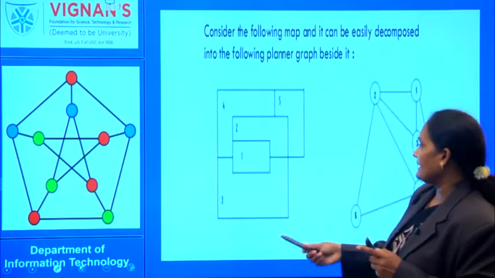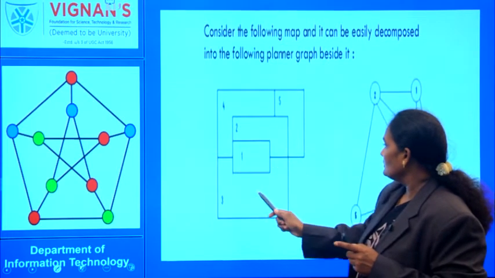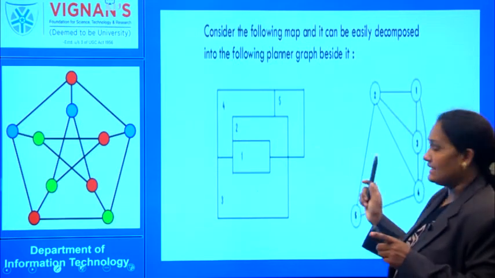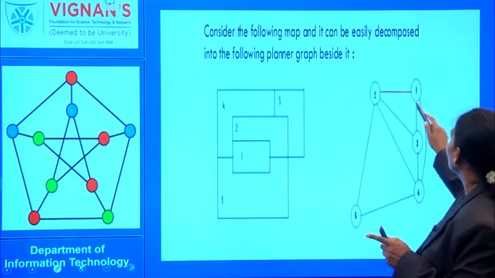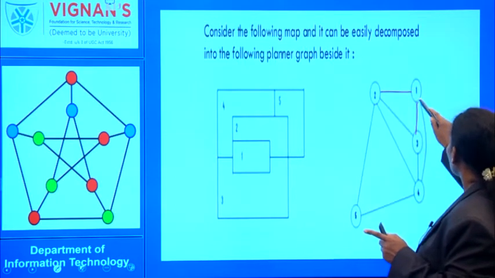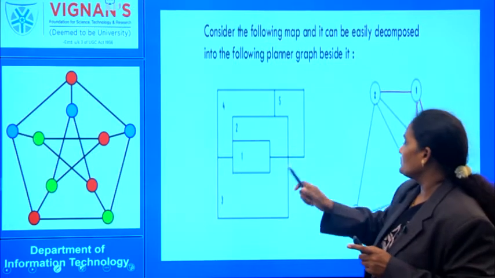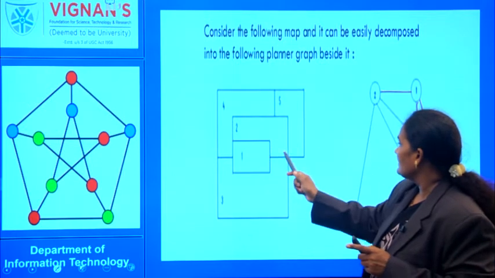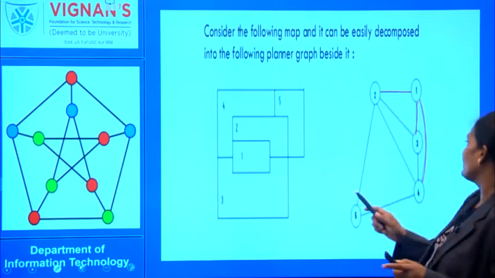Now, how are they connected? Let us see. 1 is connected to 2, 3, 4. So, here I have given connections from 1 to 2, 1 to 3, 1 to 4. Next, coming to 2. 2 is connected to 1, 4, 3 and 5 also. 2 is connected to all the 4 vertices.